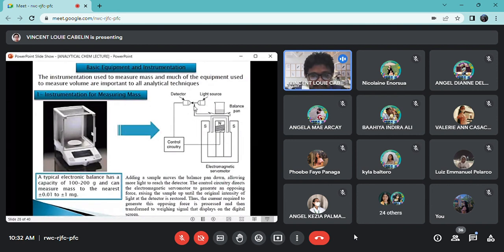And based on the light that passes, doon ika-convert into numbers. Okay?